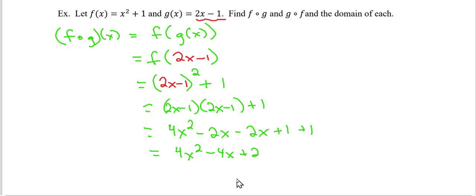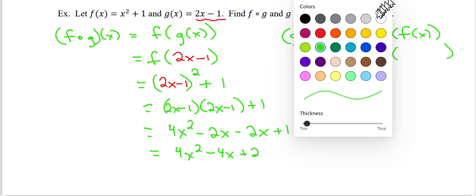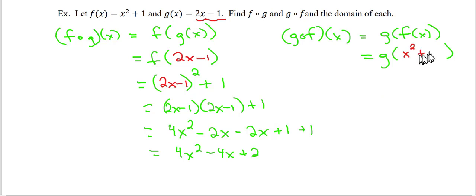Okay, let's do, I didn't leave enough space here, I hope you did. Let's do g of f of x. We'll come back to the domain in a second. That means g of f of x, g of, okay, so f of x is the same thing as x squared plus 1.